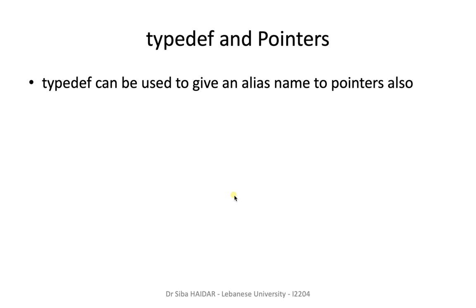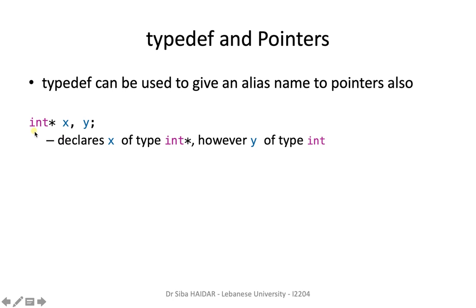So before we finish this chapter and we start exercises and lab sessions, let us talk about typedef and pointers. Typedef can be used also to give an alias name to pointers. For example, if I write int star x comma y, we all know that this declaration declares x as of type int star, however y of type int.